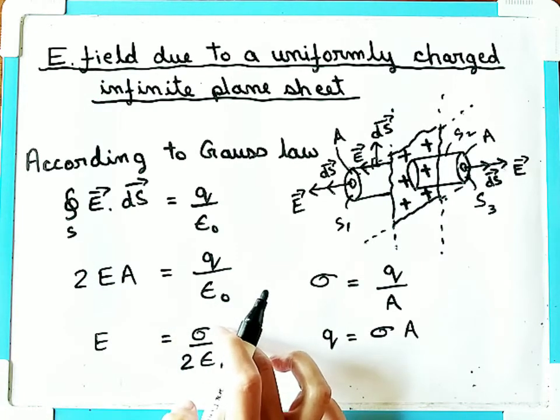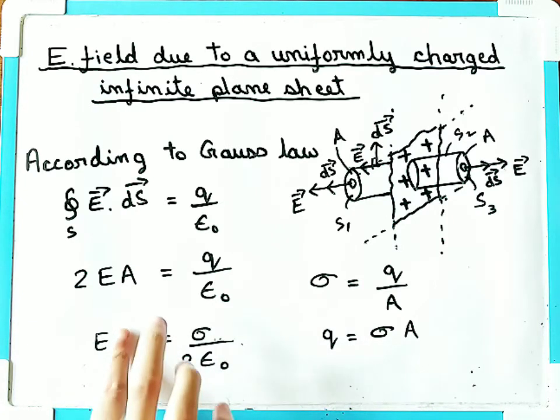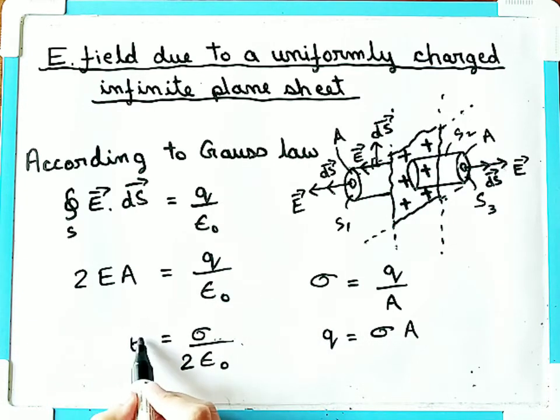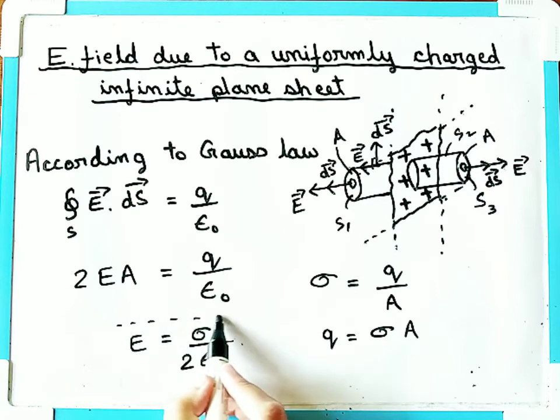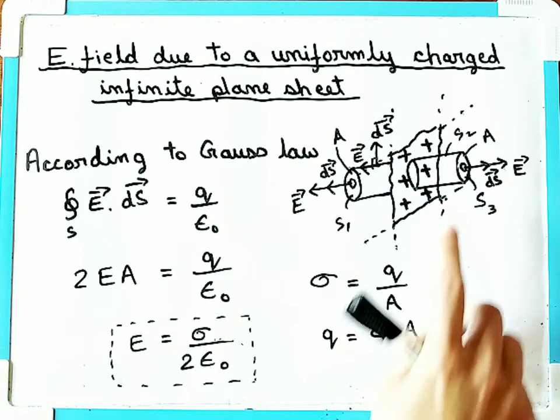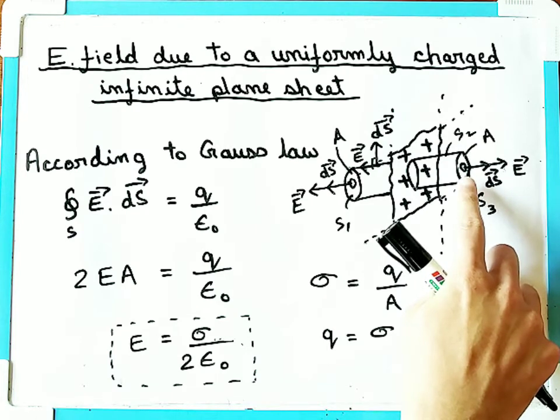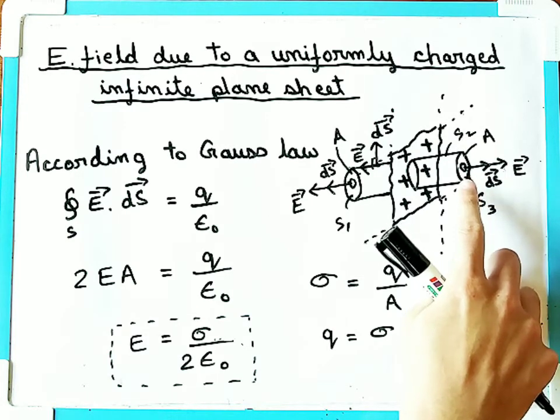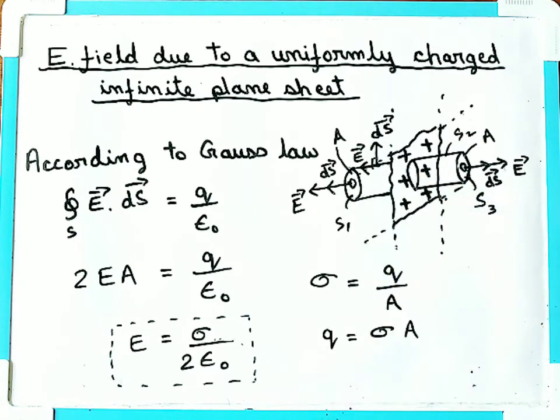So your electric field E will be equal to sigma by 2 epsilon naught. So that is the electric field at this point, which is at some distance from the infinite plane sheet. And you can see here that the electric field is actually constant.